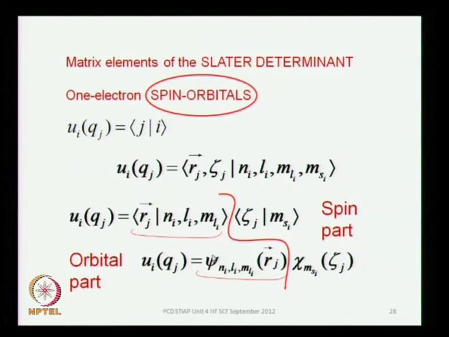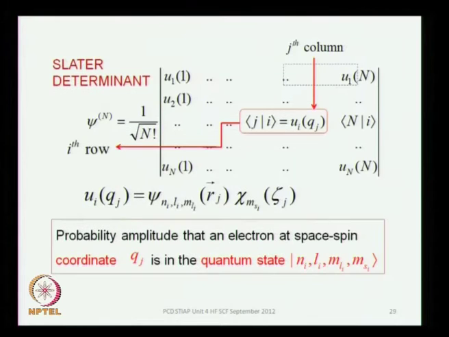So, the UIQJ are typically called spin orbitals, and the matrix elements of the Slater determinant are essentially the spin orbitals, in which the columns correspond to the coordinates, and the rows correspond to the single particle states which are occupied.